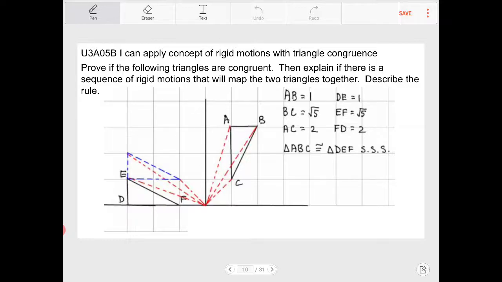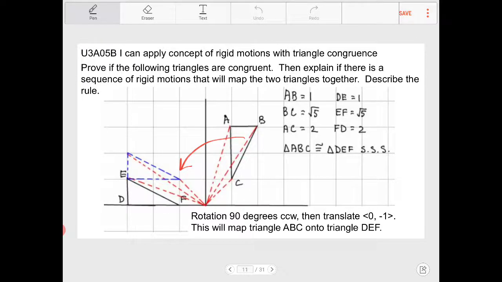This is not the only approach to moving triangle ABC onto DEF. This is not the only sequence of rigid motions that will make this possible, but this is the way I approached it. So once again, we rotate 90 degrees counterclockwise, and we translate 1 unit down. This will map triangle ABC onto triangle DEF.